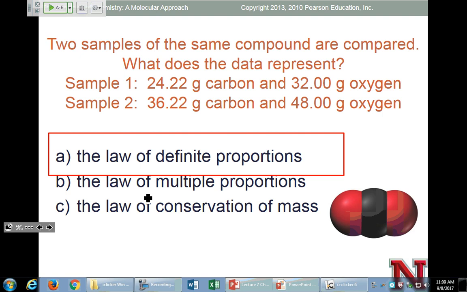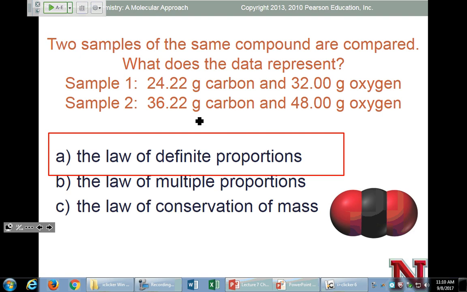With our multiple proportions, we're saying if we have 2 atoms that can bond in multiple ways, then we can figure out a whole number ratio to compare them to. So we're looking at multiple ways of bonding in the law of multiple proportions. And of course, the law of conservation of mass is saying if 2 atoms come together to form a molecule, however much mass we had of those 2 atoms, that's how much mass we're going to have of the whole molecule.